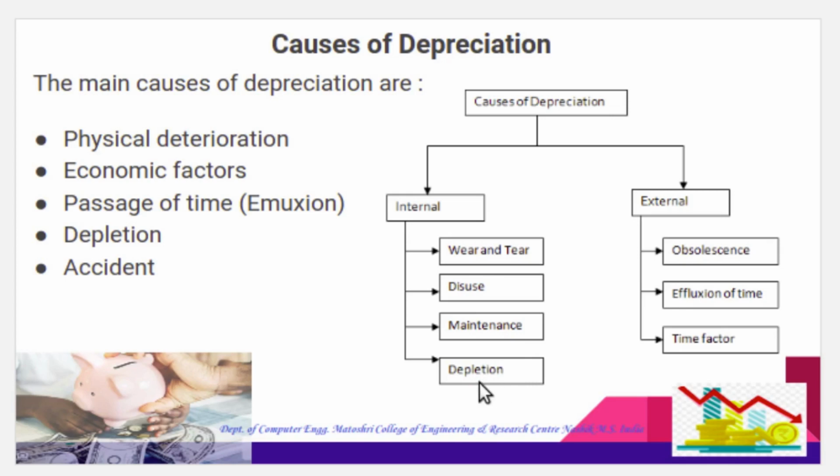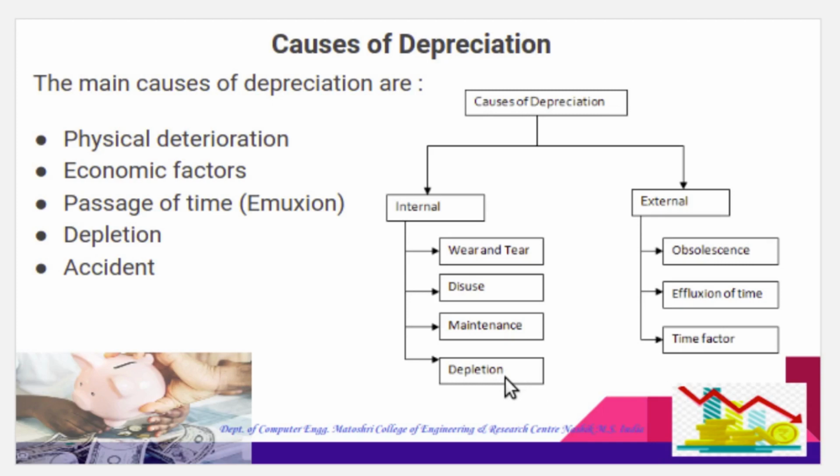Then depletion. Depletion is the physical reduction of natural resources by exhausting, for example the mines or the oil wells. Depletion is one of the internal causes of decrease in the value of a wasting asset such as a mine. This decrease in value of a wasting asset is called depletion and not depreciation.